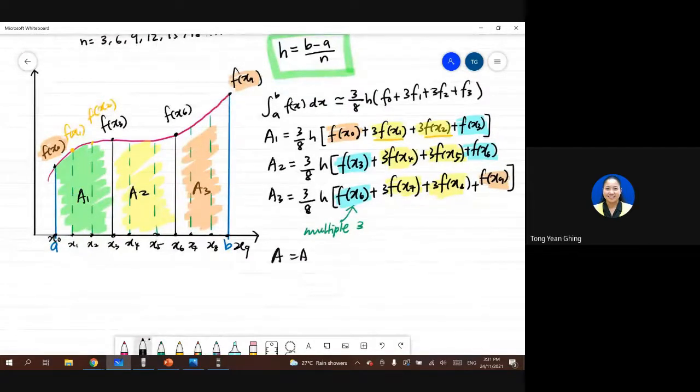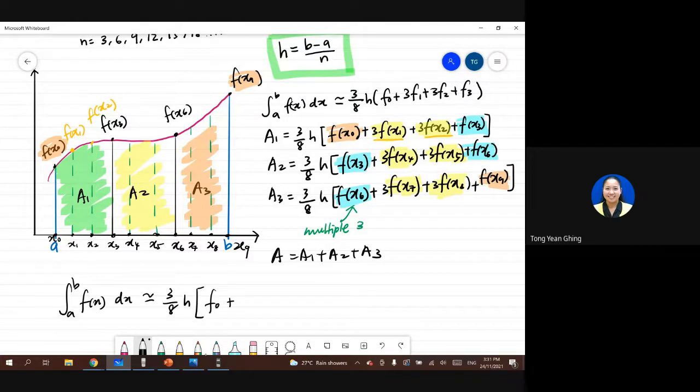So A will be A1 plus A2 plus A3 lah. Okay, so here come the formula of Simpson 3/8 rule. Integral of Fx dx is approximately 3 over 8h times with F0 plus with Fn plus with 3 summation of F3i minus 2 plus with F3i minus 1.